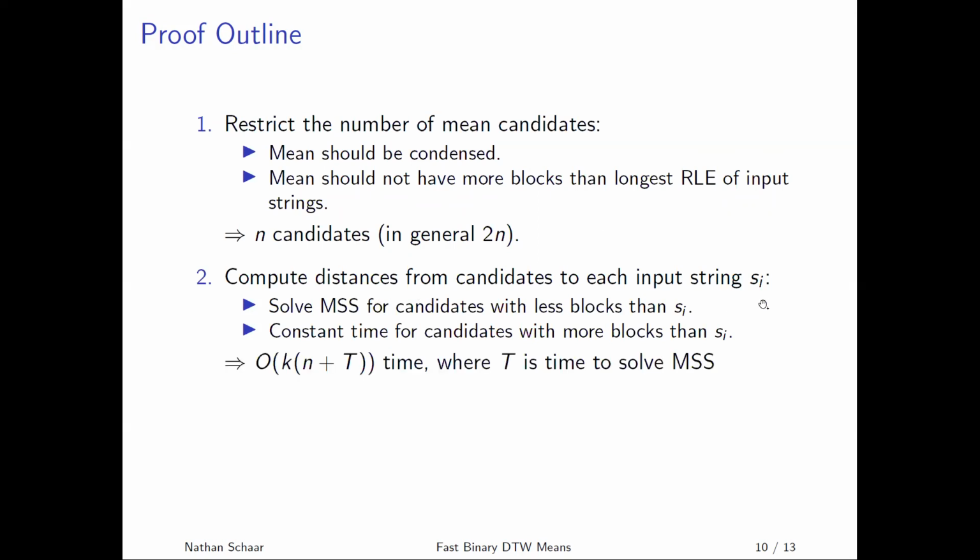So in the end, we end up with this time. For each input string, we have, for the longer blocks, maximal time n. And for the shorter means, we have maximal the time that's needed to solve this min-1 separated sums problem. And now all that's left to do is to sum up the distances and choose the best one.